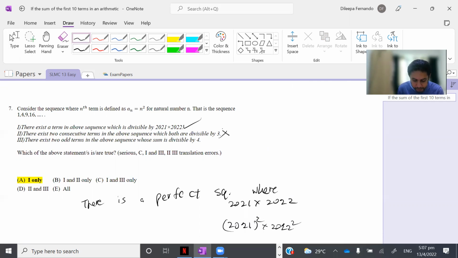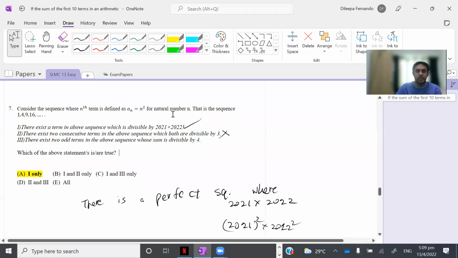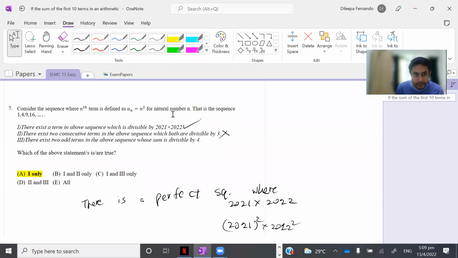Now let's see the third statement. There exist two odd terms in the above sequence whose sum is divisible by 4.